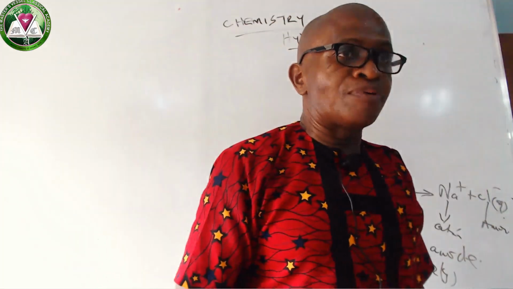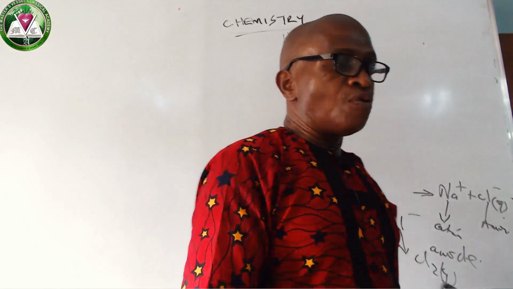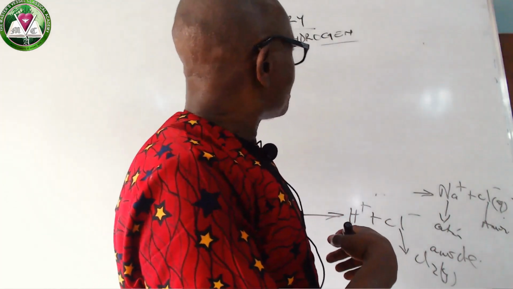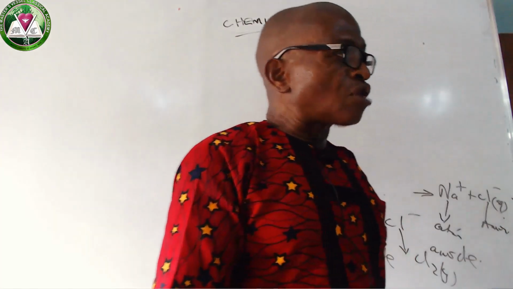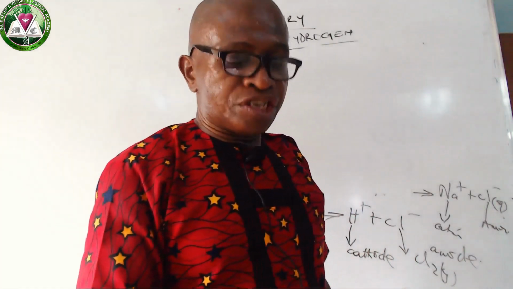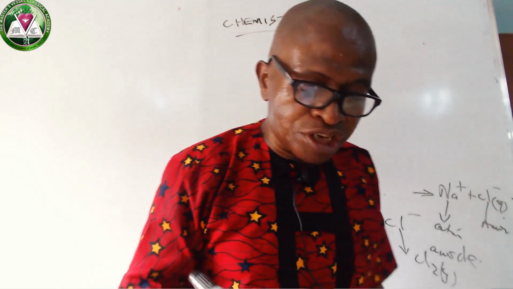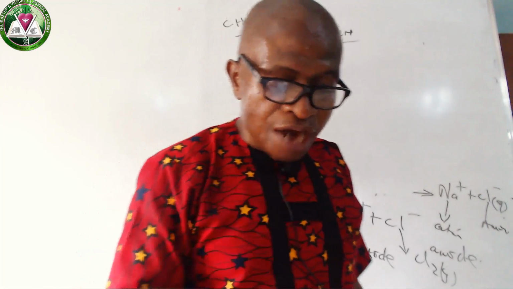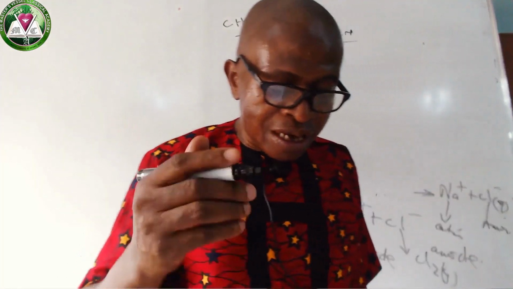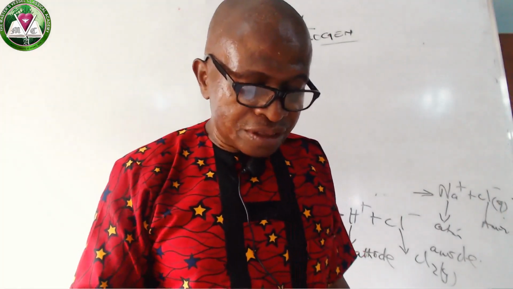We talked about laboratory preparation, and we discussed 4 methods of laboratory preparation. We then talked about industrial preparation. Under the industrial preparation, we mentioned 3 methods: action of steam on coke, action of steam on hydrocarbon, and then electrolysis. This is where we are going to stop.